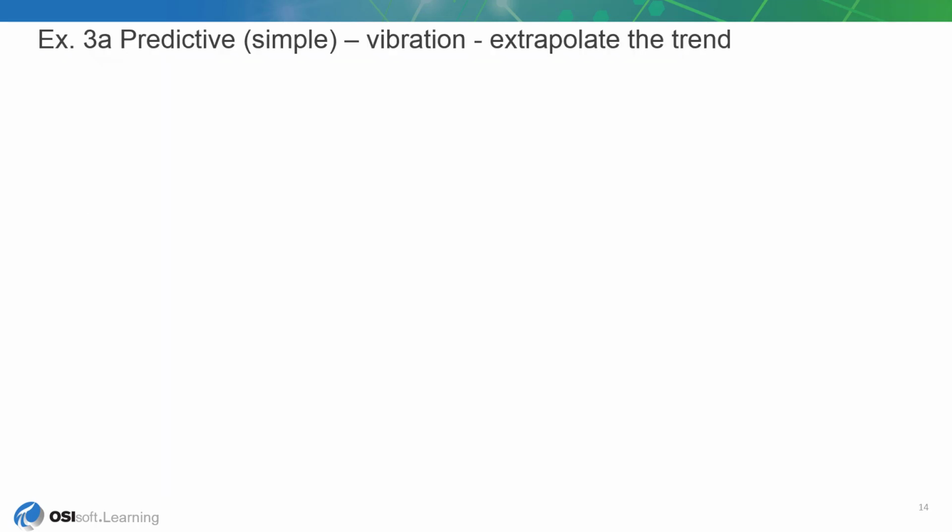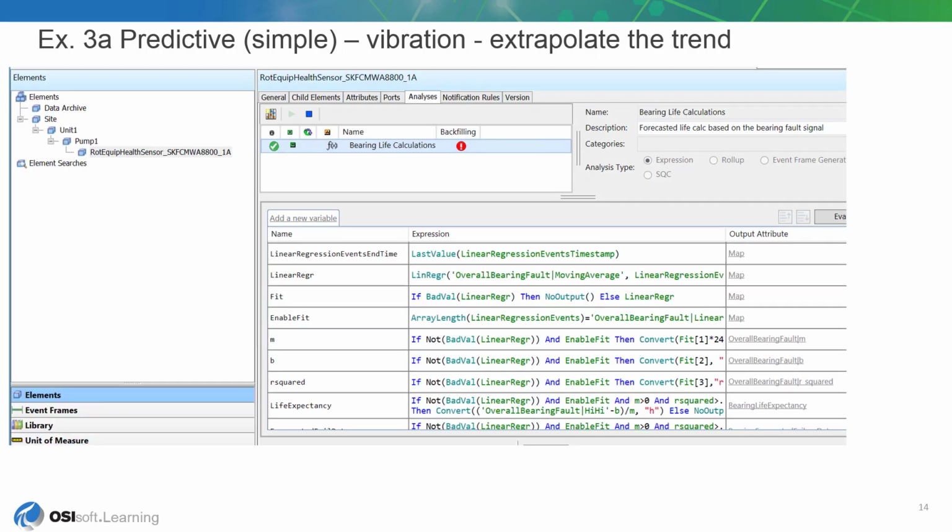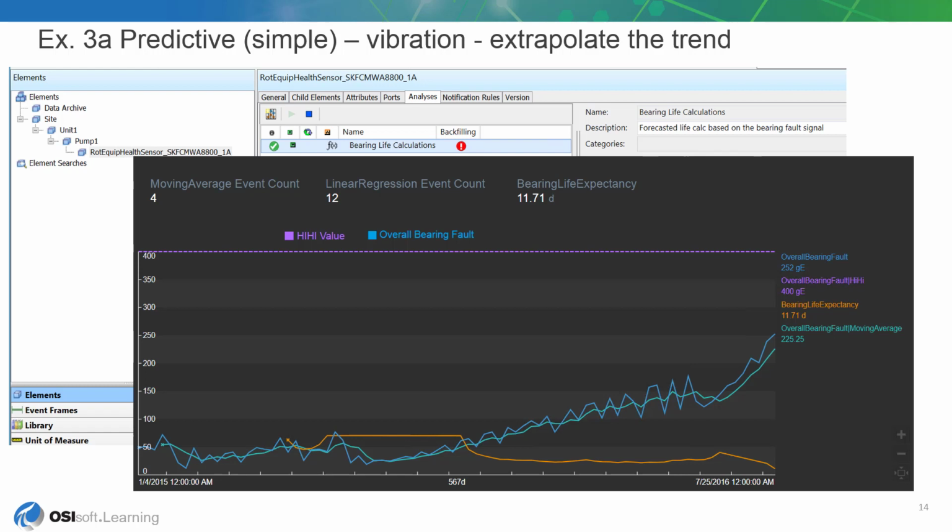Exercise 3A is about simple predictive technique. And here the vibration data from a pump is used, and you take it through the analytics to extrapolate the trend to predict how long before it will violate the high limit, which gives you the remaining useful life.